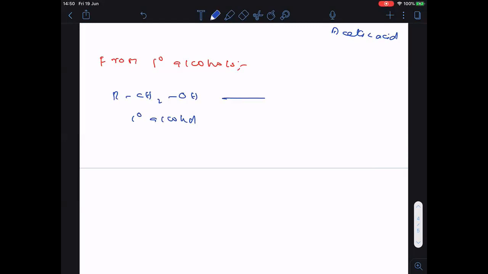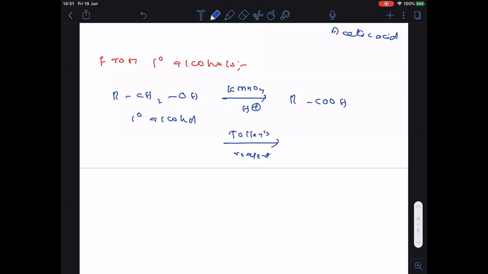Clear? So remember everyone, this primary alcohol can undergo oxidation with KMnO4, a strong oxidizing agent. KMnO4 is very strong, you know. Therefore, here we will get RCOOH, that is carboxylic acid. Now, if I use a mild oxidizing agent like Tollens reagent, which I think I told you in the last class, ammoniacal silver nitrate, it is a very mild oxidizing agent.